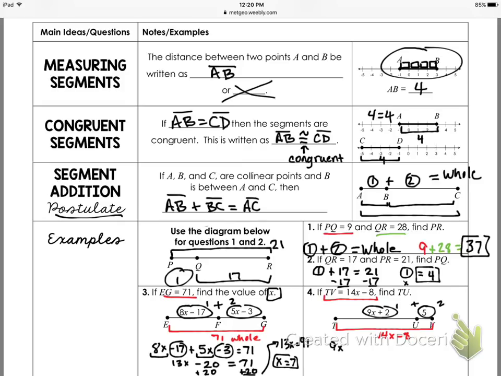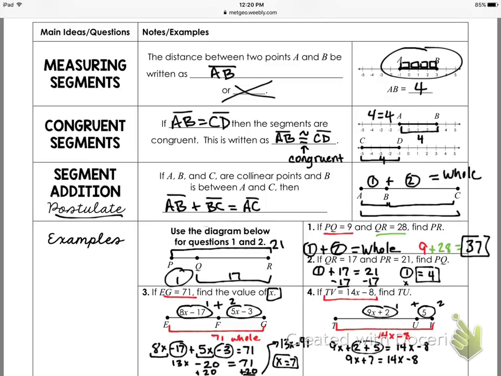So let's write all this out. 9x plus 2 plus part 2 is 5 is equal to the whole thing, 14x minus 8. All right, so take care of some like terms here. 2 plus 5, we get 9x plus 7 equals 14x minus 8.